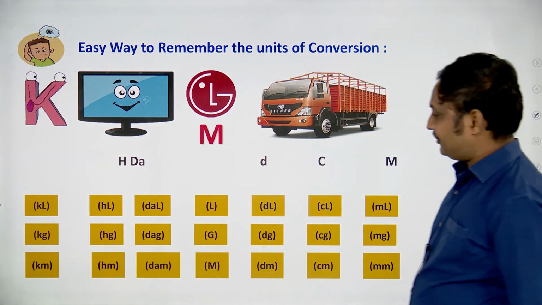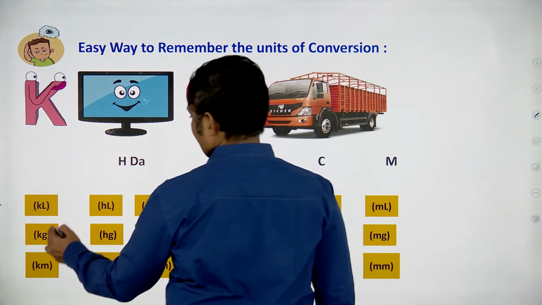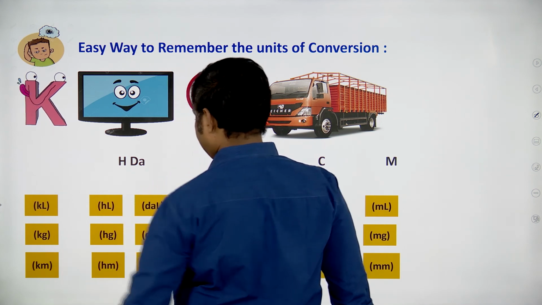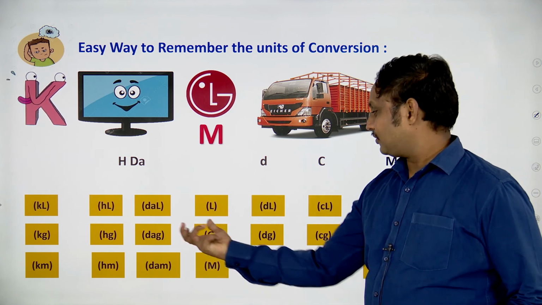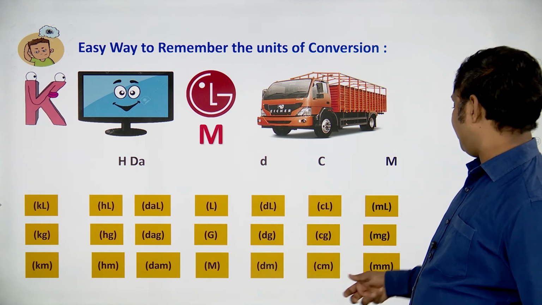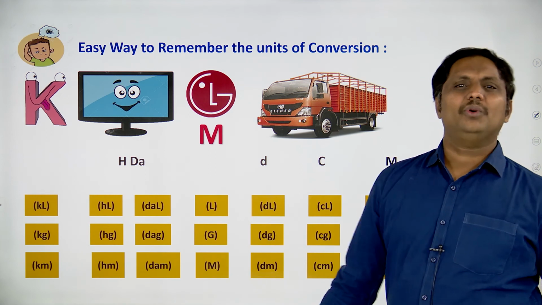We would like to have the conversion for length, mass, and distance. Kilometer, hectometer, decameter, millimeter, centimeter, decimeter, all of that you are going to get.